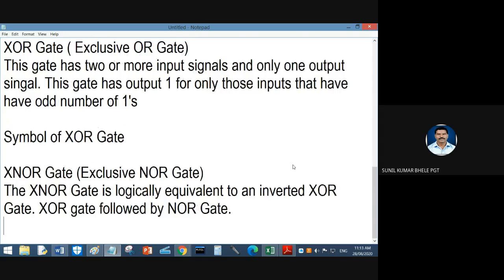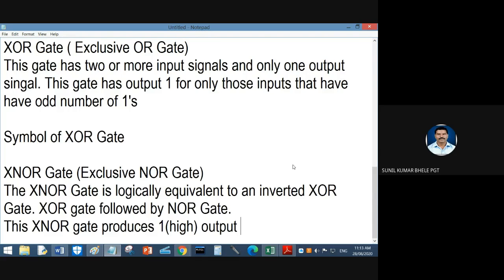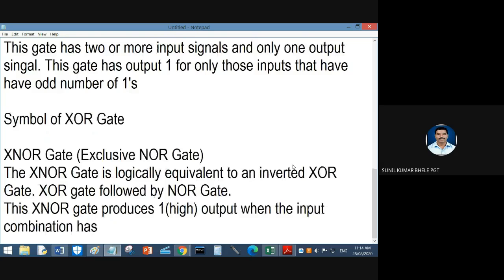So this gate produces 1 as output when the input combination has an even number of ones.